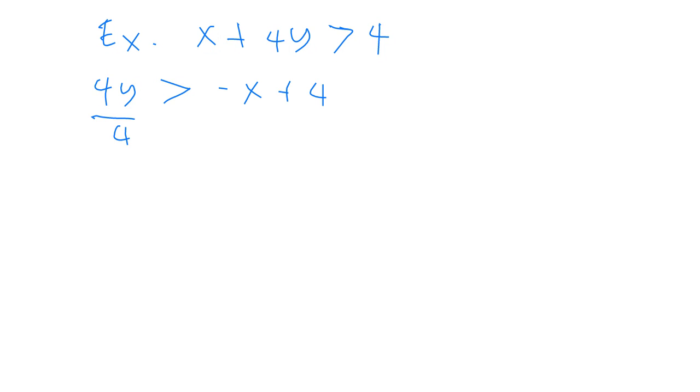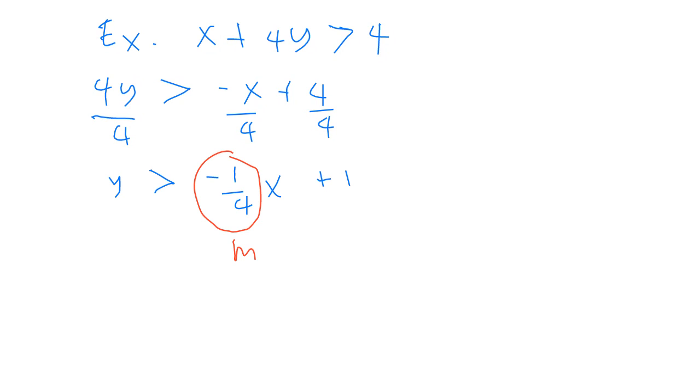Then we divide 4 on all of them. So we have y. Since we're dividing by positive 4, we will not reverse the symbol. So it remains greater than negative 1/4 x plus 1. And then we can label this. This part here is our m, negative 1/4, plus 1 here is our y-intercept.